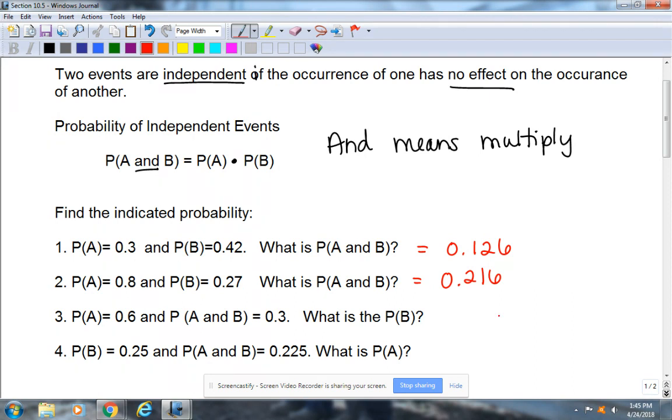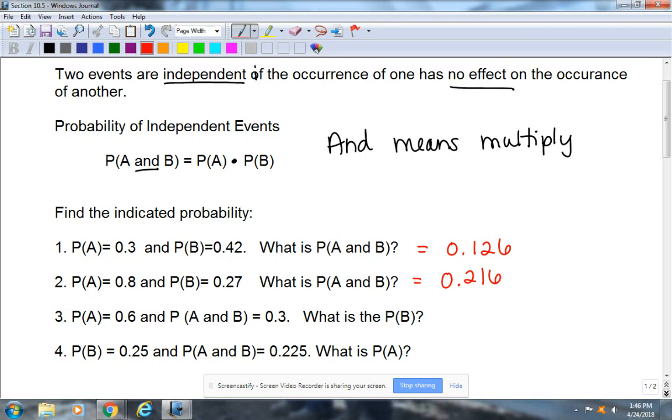Well, look at number 3. It's slightly different. How is number 3 different? Right. So they give you the probability of A, and they give you the probability of A and B, and ask you to find the probability of just B. How do you think you do that? You do the opposite.